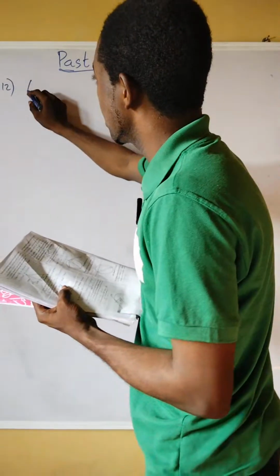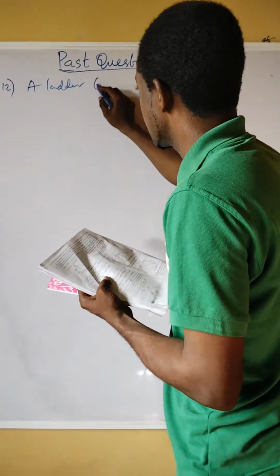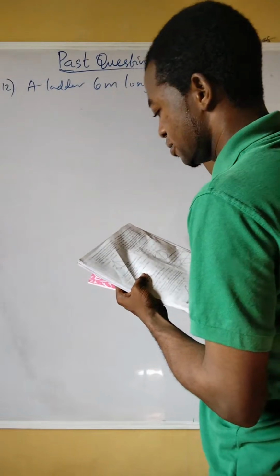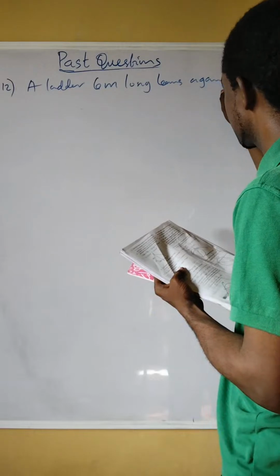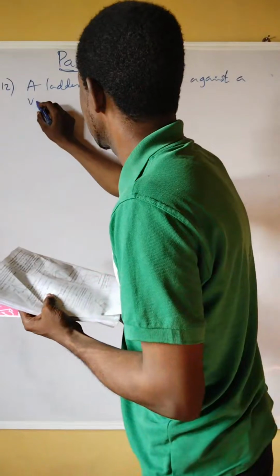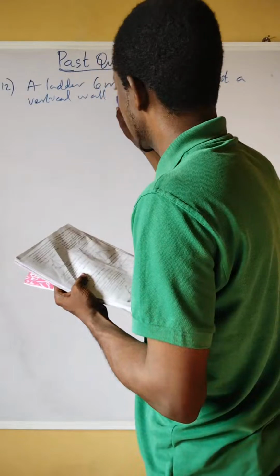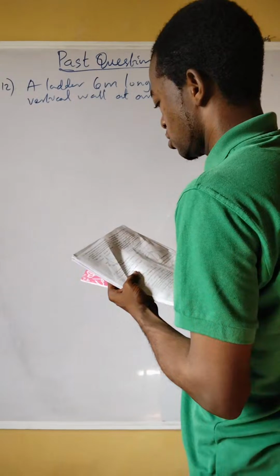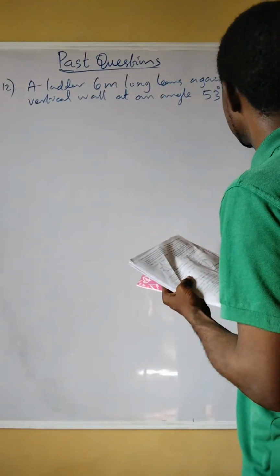The question says a ladder 6 meters long leans against a vertical wall, meaning a vertical wall, at an angle 53 degrees to the horizontal.